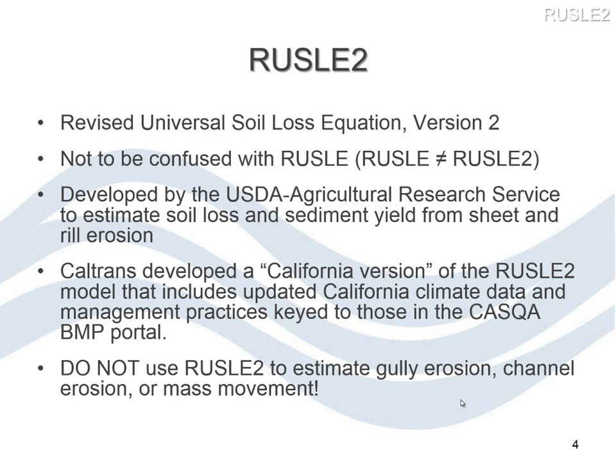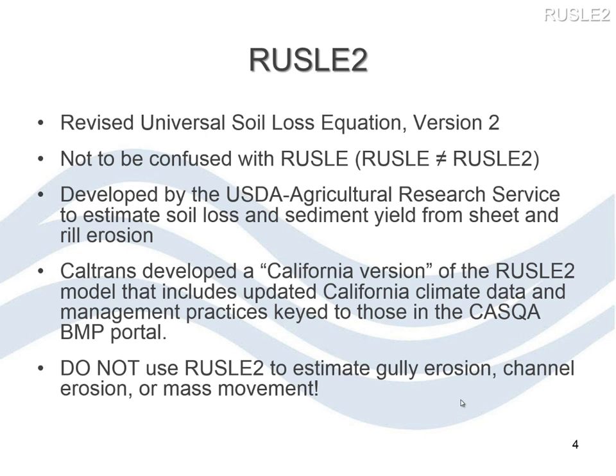The one caution about using Russell 2: it estimates erosion and sediment yield from sheet and rill erosion. That's a really important point and distinction to make. It doesn't estimate gully erosion, which may be the dominant erosion process on a particular site, especially if we're looking at, say, pre-construction conditions on a previously grazed site, or some other type of site that's got other types of erosion going on.